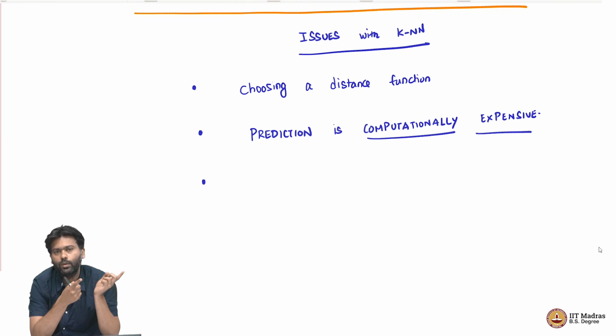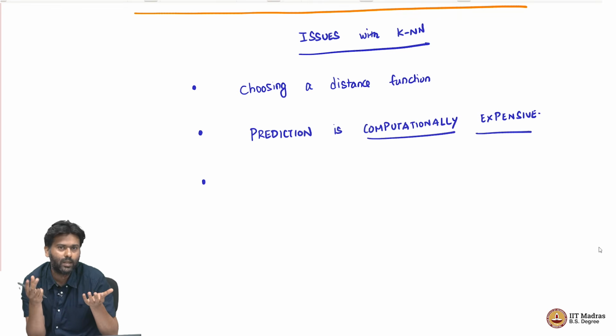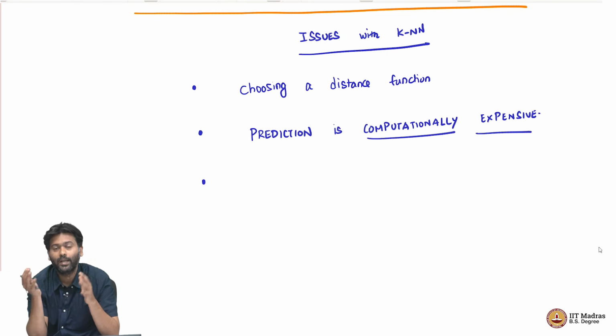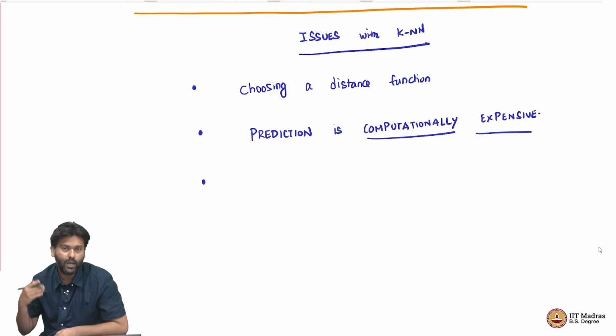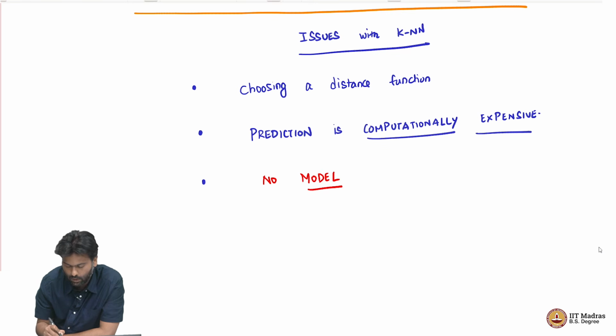You cannot simply throw away the data points once you have extracted out the useful information. Nothing like that is happening in k nearest neighbors. You need the entire data set to make a prediction for every single test point, and that's a problem, right? So that's the main fundamental problem with k nearest neighbors, that no model is learned.